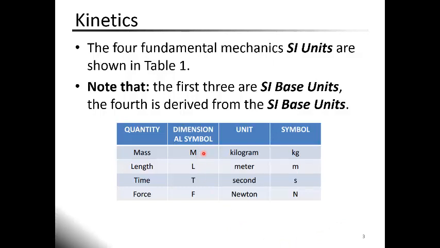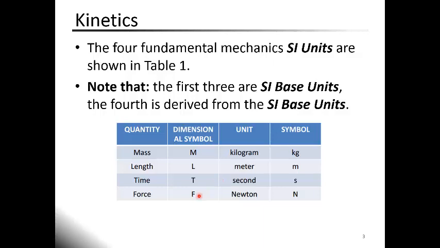The first three quantities are the mass with a symbol capital M, the length with a symbol capital L, and the time with a symbol capital T. These three quantities are called the base units in the SI system. The mass is measured in kilogram, the length is measured in meter, and the time is measured in second.